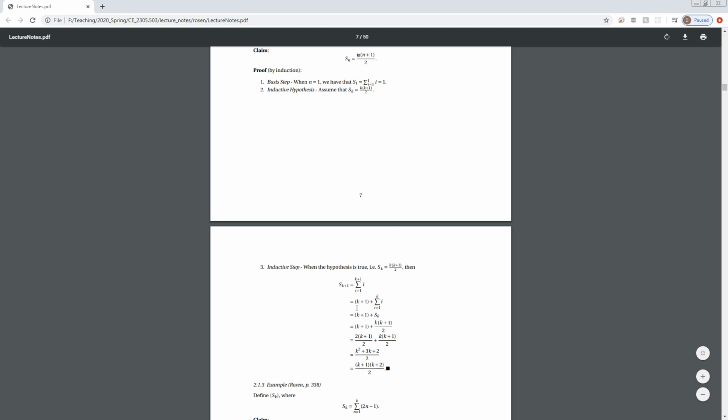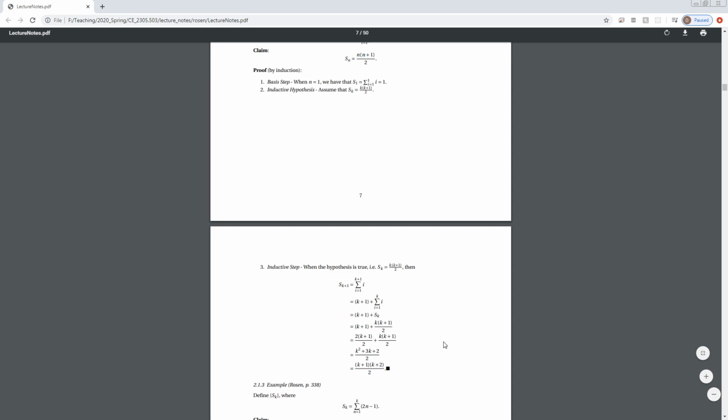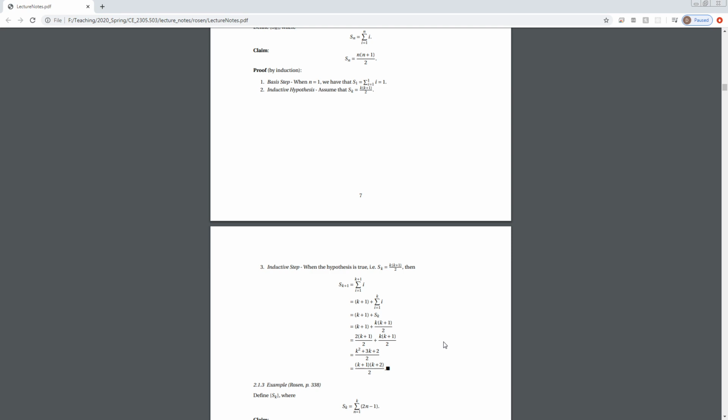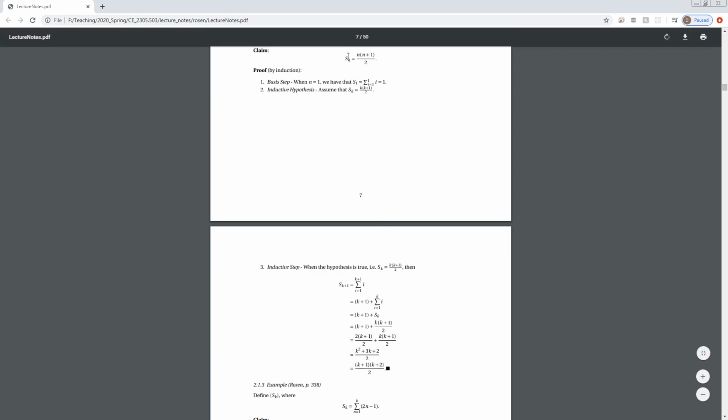So when n equals k plus 1, we would expect the solution to be k plus 1 times k plus 1 plus 1, which is k plus 2. And we get this. So we verified that if you give me a working solution and I increment it by 1, then our formula still holds.